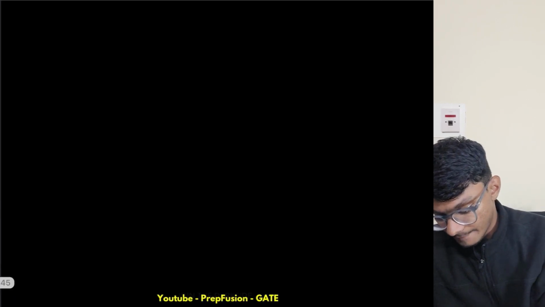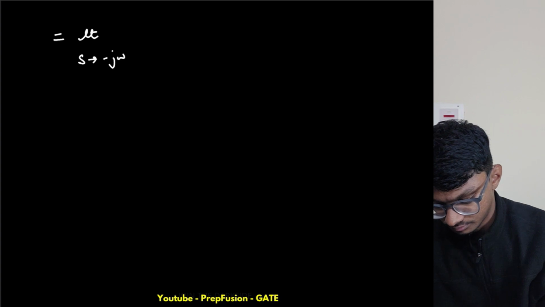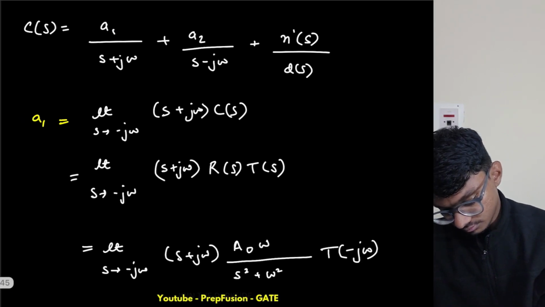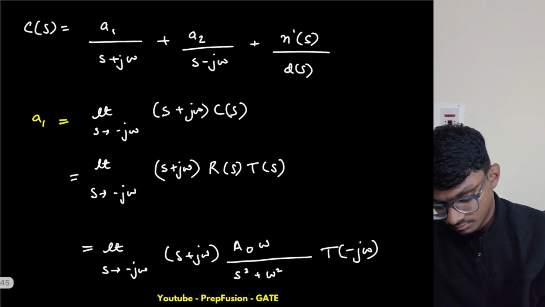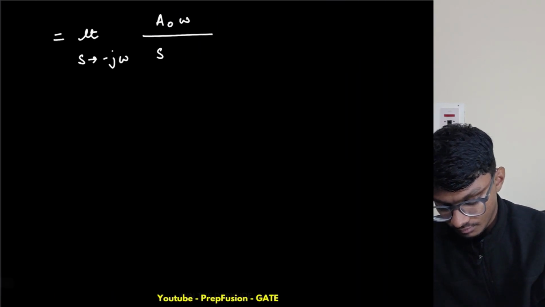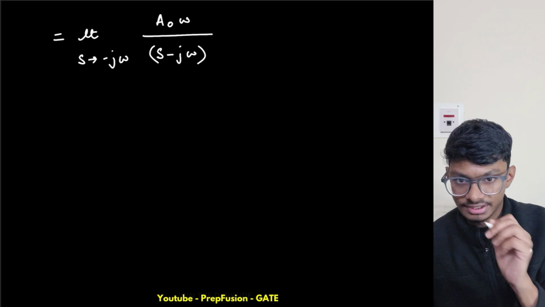So limit s tending to minus j omega, s plus j omega gets cancelled, right?